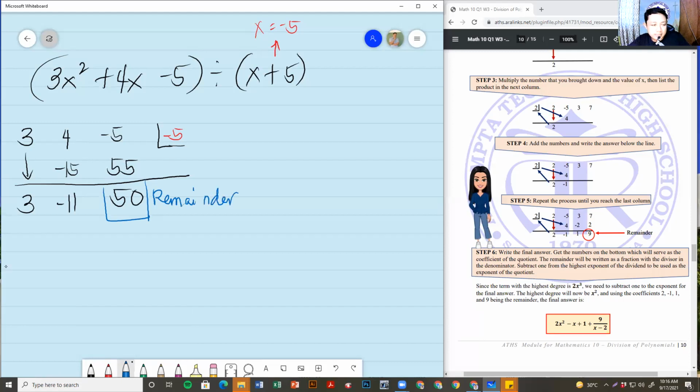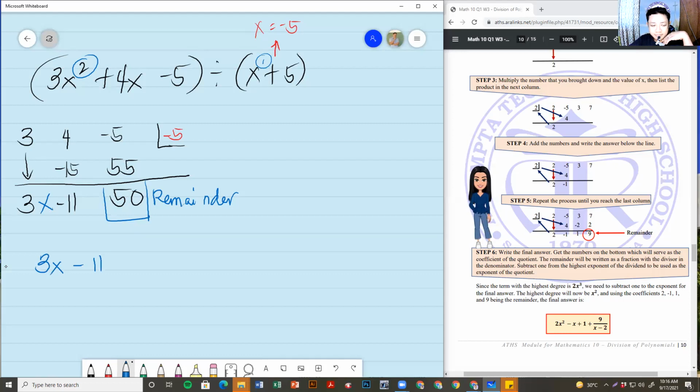Okay, so finally, let's express this in polynomial form. So we have here x squared and then we have 1 subtract. So 1 is left kasi binawasan mo na siya ng isa. So we have here x. We will put x there. So the final answer will be, everybody, listen here because this is very important. We have 3x minus 11. And for the remainder, this is how we write the remainder.